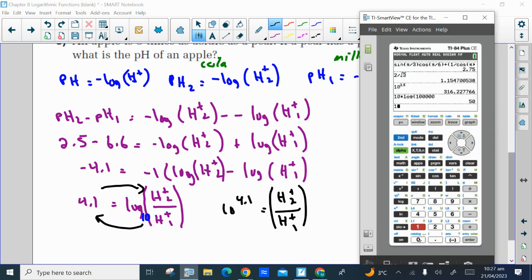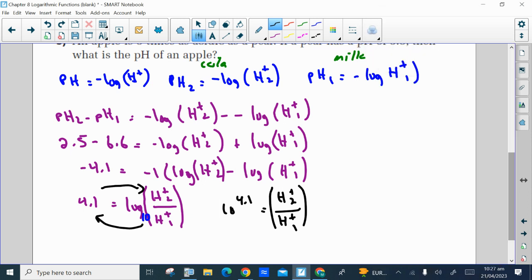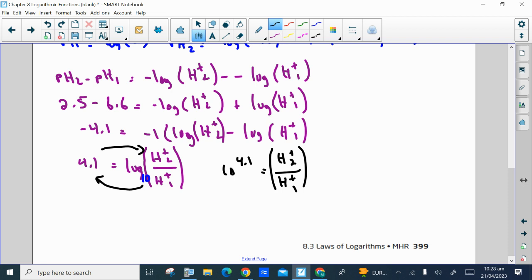That'll be how many times more acidic the cola is compared to the milk. 10 to the power 4.1 is approximately 12,589 times more acidic. So H positive 2 over H positive 1 is approximately 12,589 times more acidic.